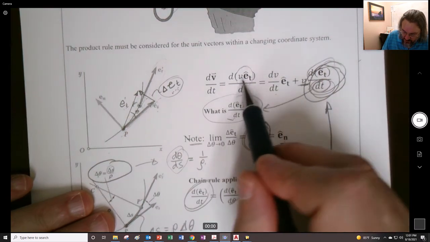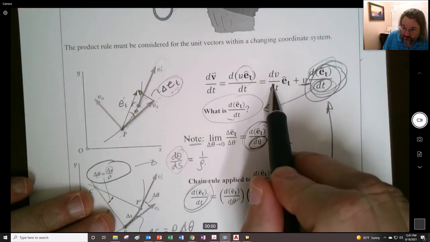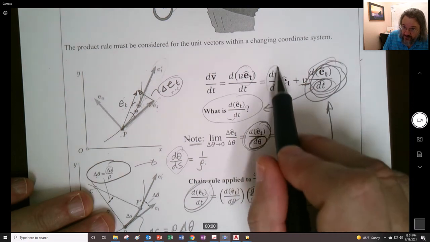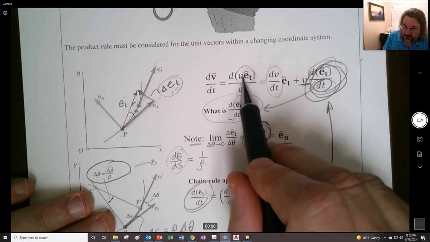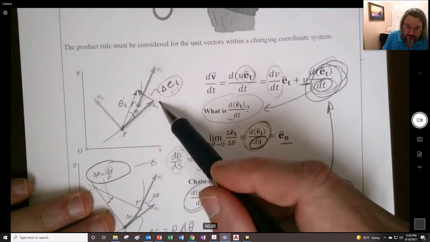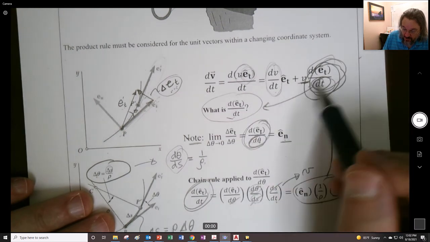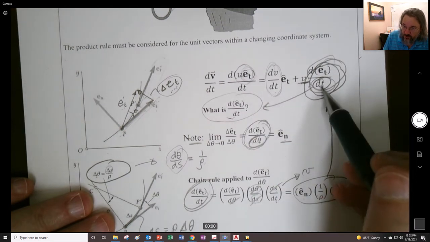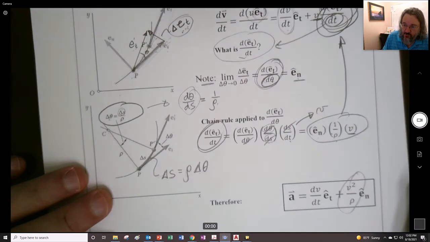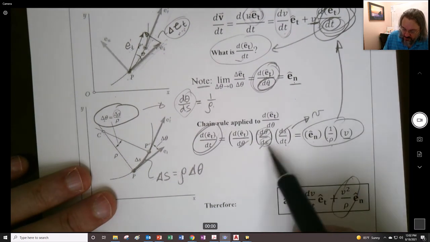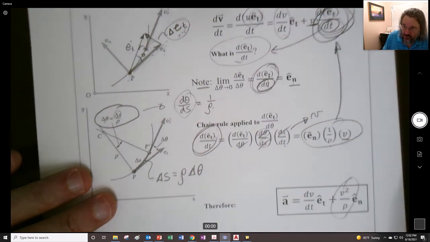We had to take not only the derivative of this velocity, the speed right here, so this is the change in speed. We also had to take the derivative of the changing orientation of the tangential unit vector. We had to do some manipulations to find what that was going to be. Down here is where we made it. But we were able to use this chain rule. And so we used the product rule and the chain rule all in one derivation.